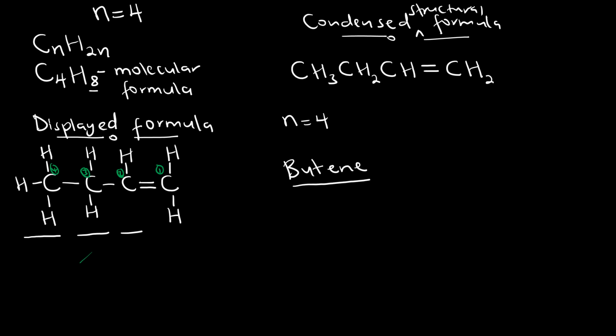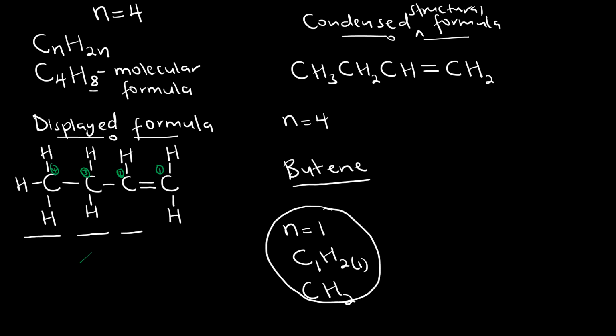However, take note, we did not have a scenario where our n is equal to 1, because if I substitute for n is equal to 1, I'll have C1 H2 times 1, and then I'll have CH2. This cannot exist, as such we don't have an alkene with n value is equal to 1.